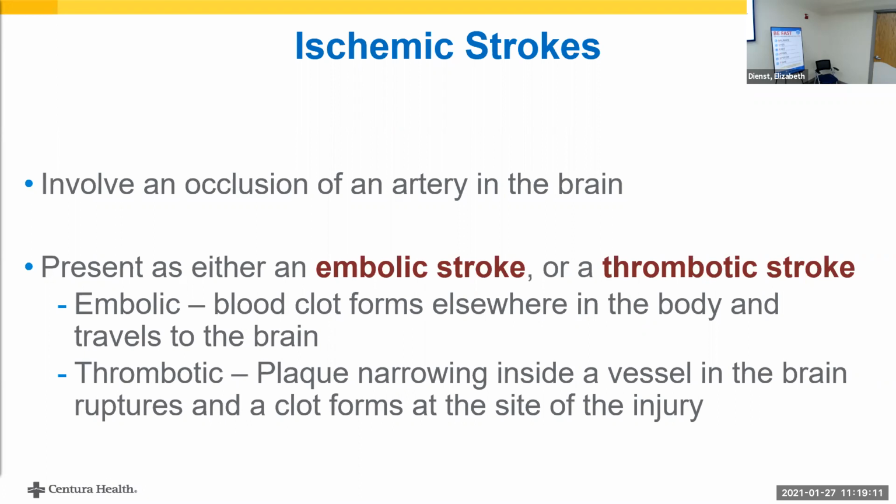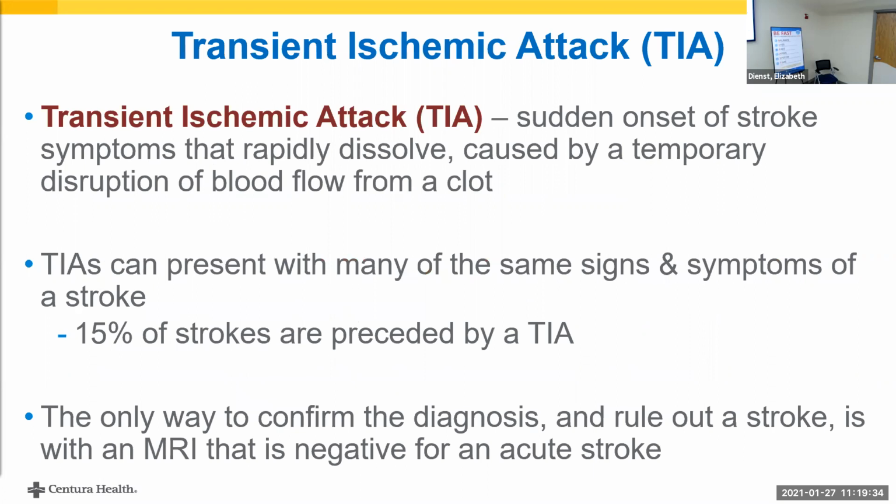A thrombotic stroke is an area of plaque that's already built up in one of your arteries in your brain. That keeps attracting platelets, and those platelets work on top of that plaque and actually create a clot in that artery that then shuts off flow from that artery.